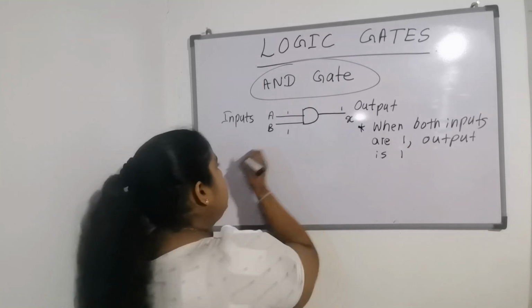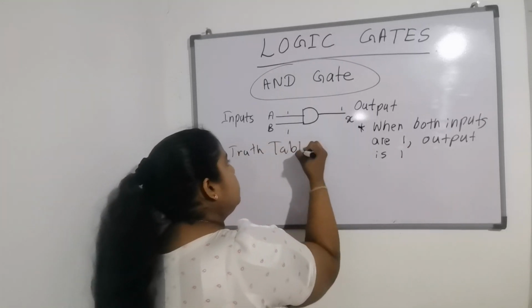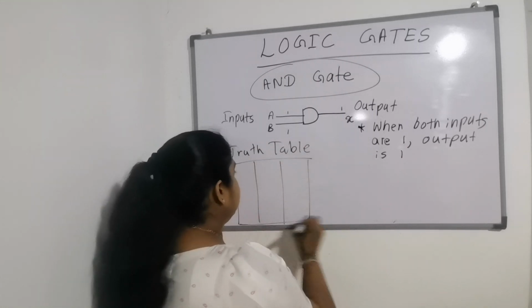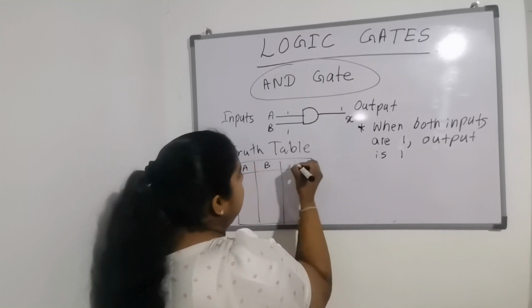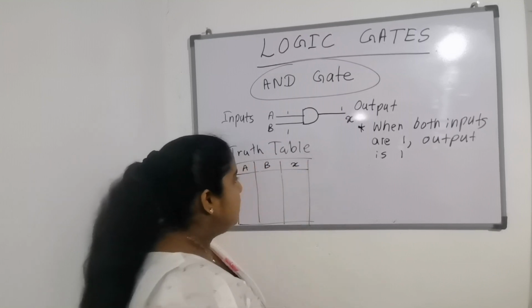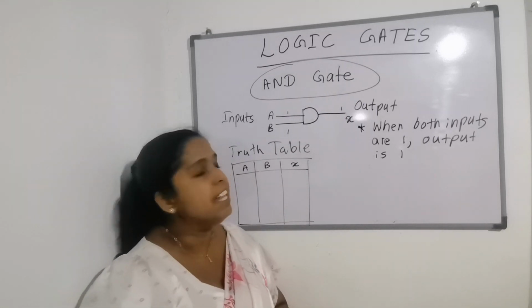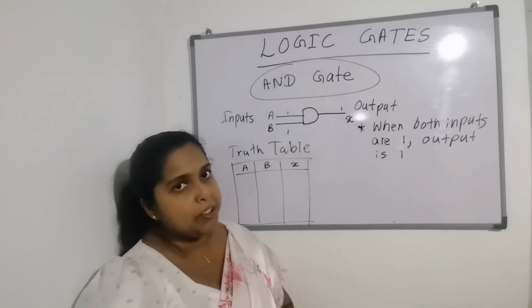So here the truth table we can draw like this. Here A, B and output X. Then I'm going to use some combinations. At the end of the discussion of these logic gates, I will teach you how we can get these input combinations.